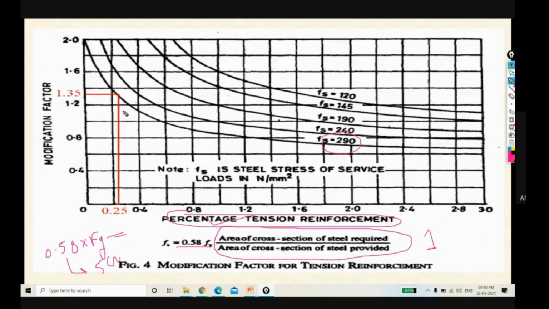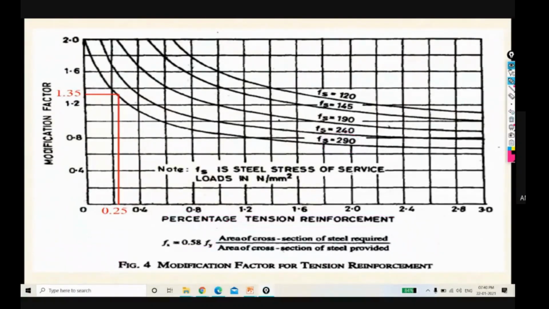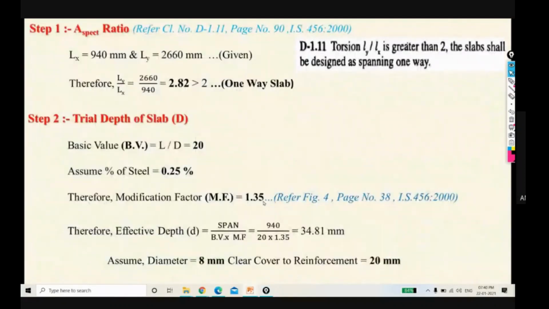It is approximate because the interval here is 0.2, every horizontal line has a 0.2 distance, so approximately we will consider this value as 1.35. So the modification factor is 1.35 as per this page and clause of IS 456, and then calculate the effective depth. So what is the formula for the effective depth?